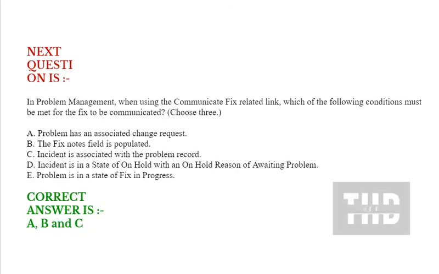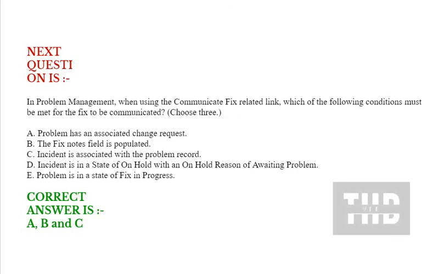Next question is in problem management, when using the communicate fix related link, which of the following conditions must be met for the fix to be communicated? Choose three options. Option A. Problem has an associated change request. Option B. The fix notes field is populated.